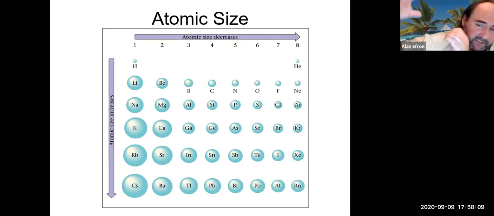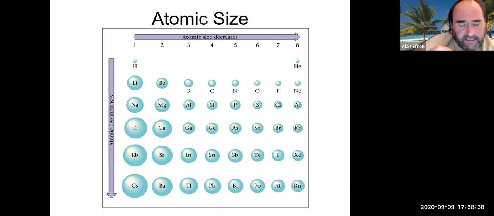So that greater positive charge is going to bring all those electrons in, and the overall size of the atom will be relatively small, as opposed to the left-hand side where the positive charge is not that strong, not as many electrons, and they can spread out a little bit. The reason why these guys, even though they have a greater positive charge, are still larger is that with that greater positive charge comes more electrons. More electrons need more space around the atom. They're going to be able to spread out a lot bigger.